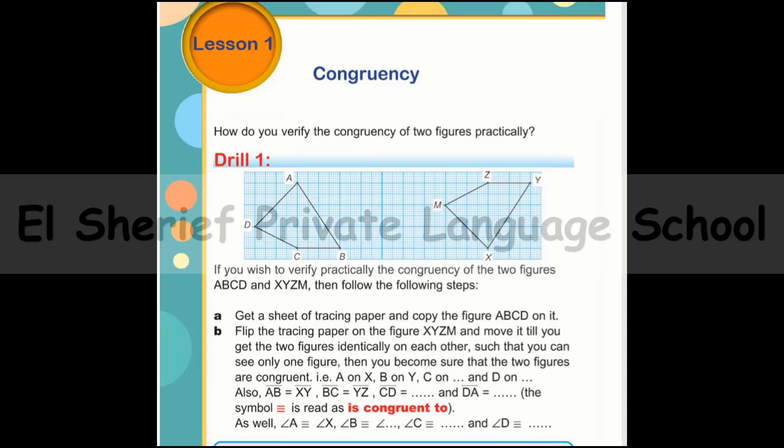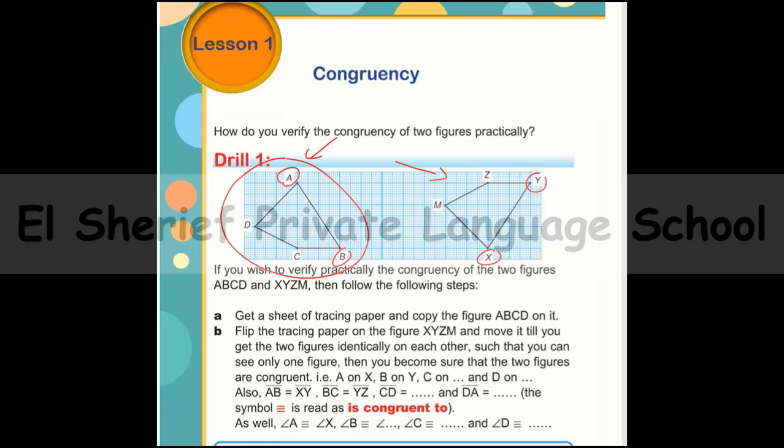First we have figure A, B, C, D and figure X, Y, Z, M. If we cut this figure and put it on another figure, when we put vertex A on X and vertex B on Y and so on, we notice that we can see only one figure.